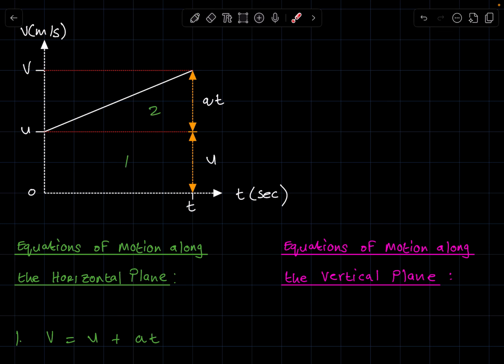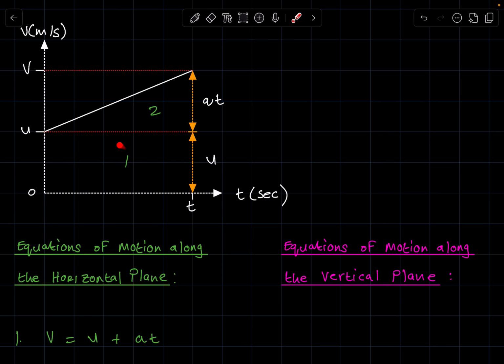The first section is a rectangle. The second section is a right-angled triangle. So one of the ways in which you can calculate the area is by separating the two sections and then calculating the area using those two sections.